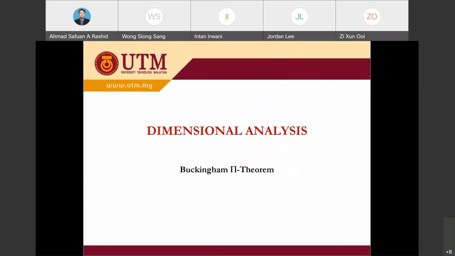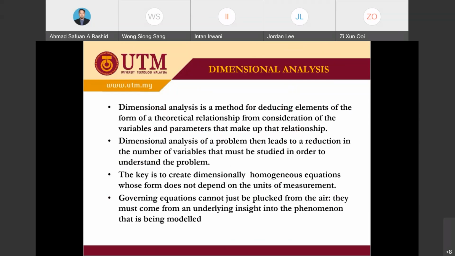So you can make use of this method. It is called dimensional analysis, or some reference books call it the Buckingham Pi theorem. Dimensional analysis is a method for deducing elements of the form of a theoretical relationship from consideration of the variables and parameters that make up that relationship.